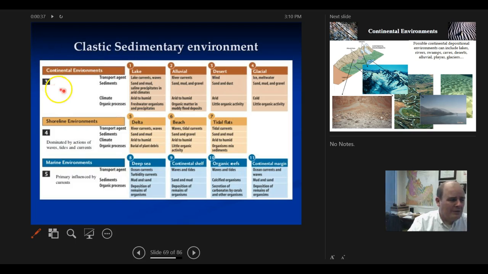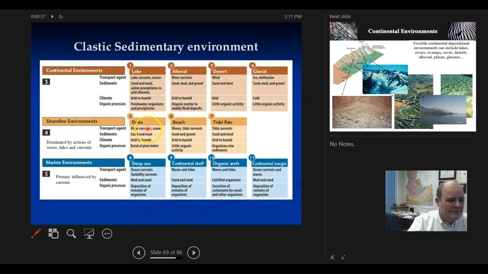Here are some continental environments, where we have lakes, for which the transport agents might be lake currents, waves, and precipitates from arid climates where it dries out. For example, you have alluvial deposits where you have river currents, sand and mud. You tend to have arid, humid environments. Desert environments where you have wind and sand and dust, glacial ice and meltwater.